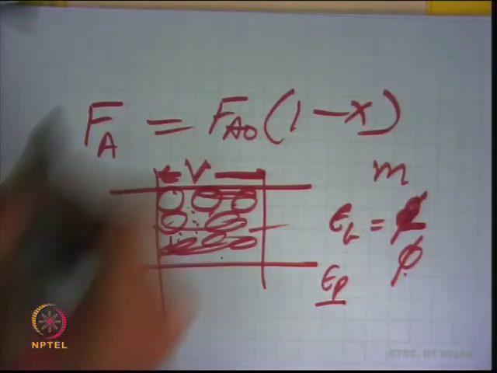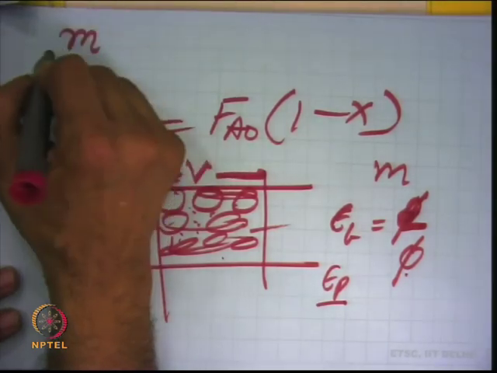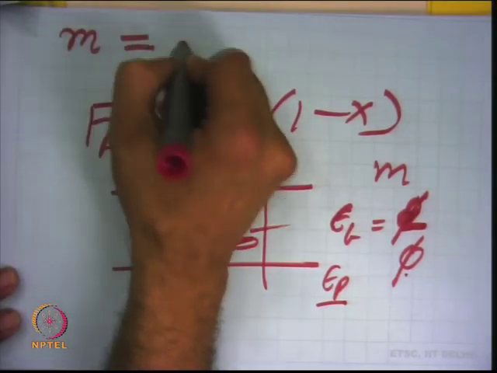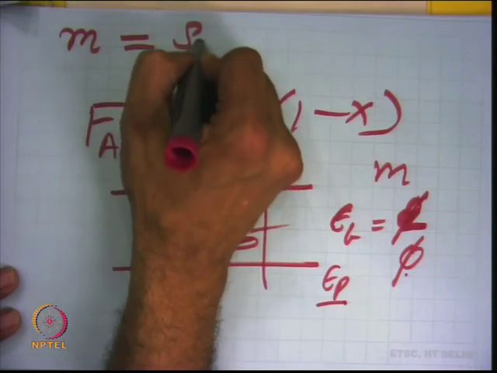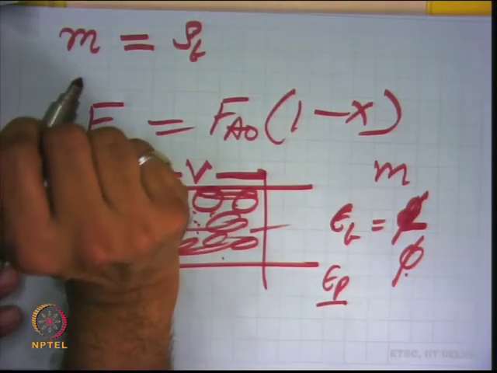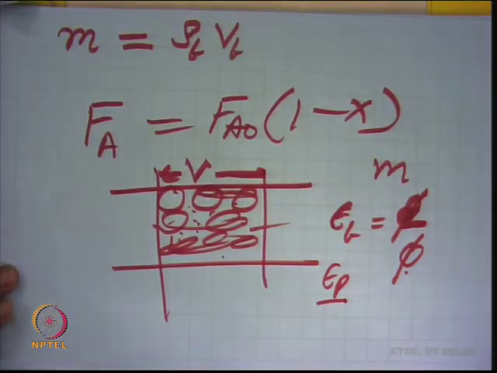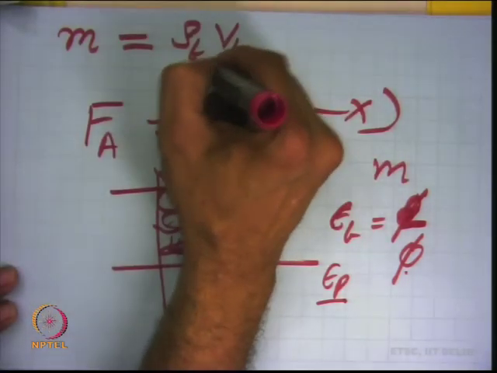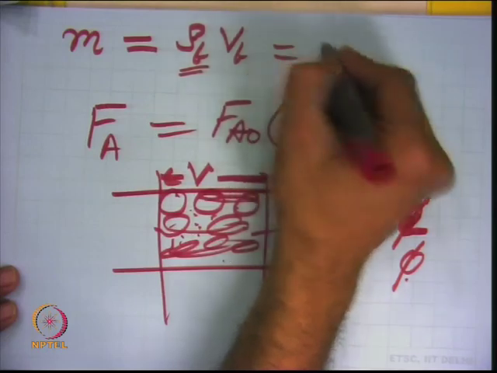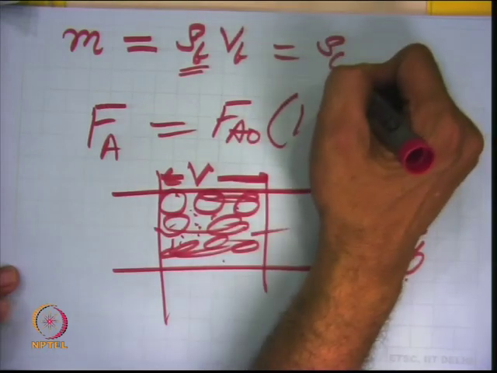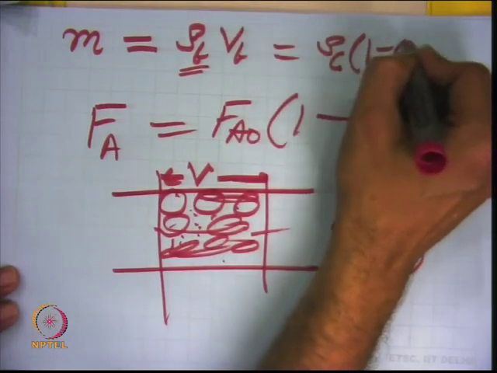So, the mass of the catalyst, if you define it based on this, will be defined based on the density of the catalyst based on the bed, times the volume of the bed. The density of the catalyst based on the bed will be equal to the density of the catalyst times the solid fraction of the bed, like this.